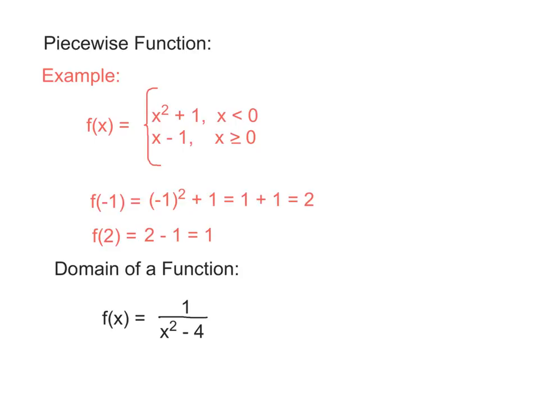Well, the domain is implied to be the set of all real numbers for which the expression is defined. However, look, x is in the denominator, and if x is equal to either plus or minus 2, this function is not defined. It's undefined. So therefore, the domain for this function is all real numbers except plus and minus 2. Or written another way, x cannot equal plus or minus 2.